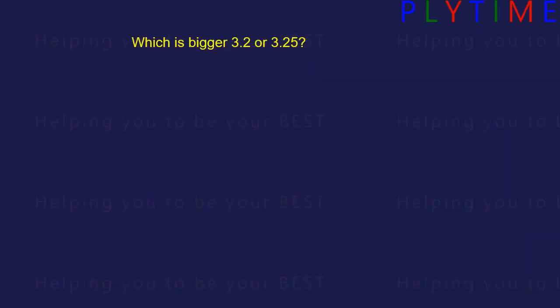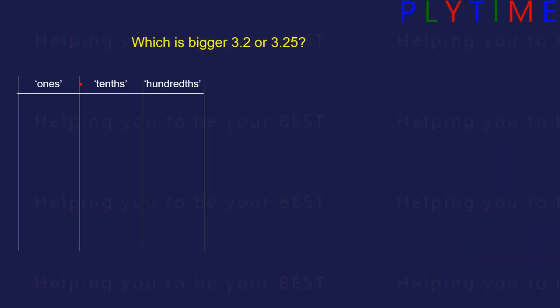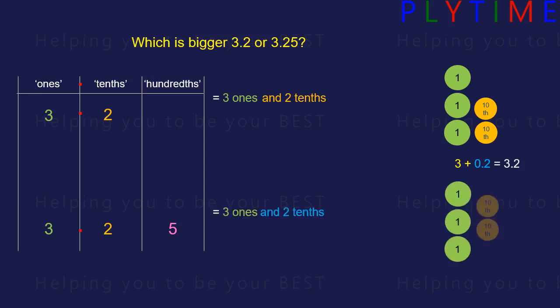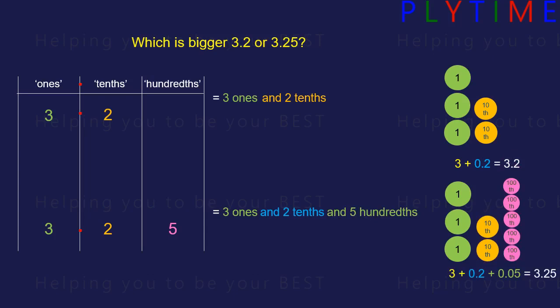Which is bigger, 3.2 or 3.25? Let's put the numbers into columns. 3.2, 3 ones and 2 tenths. Then we have 3.25, 3 ones, 2 tenths and 5 hundredths.